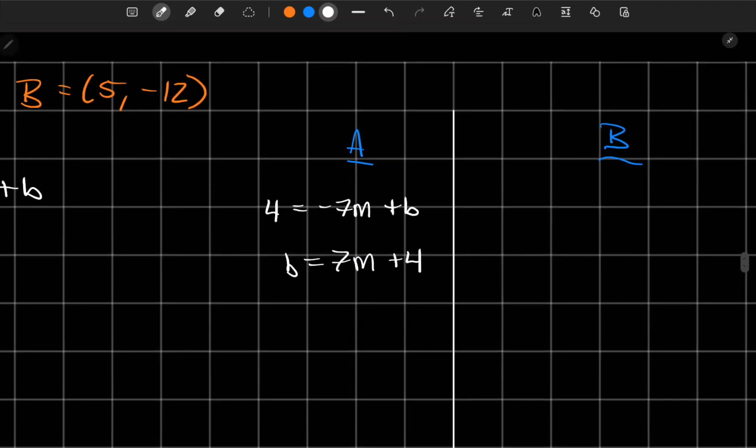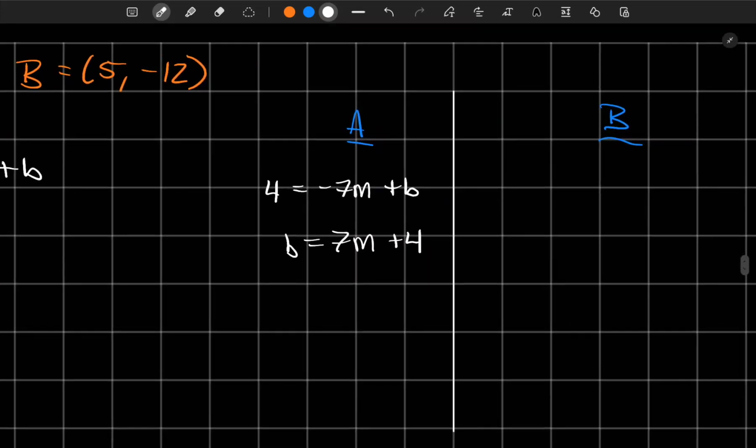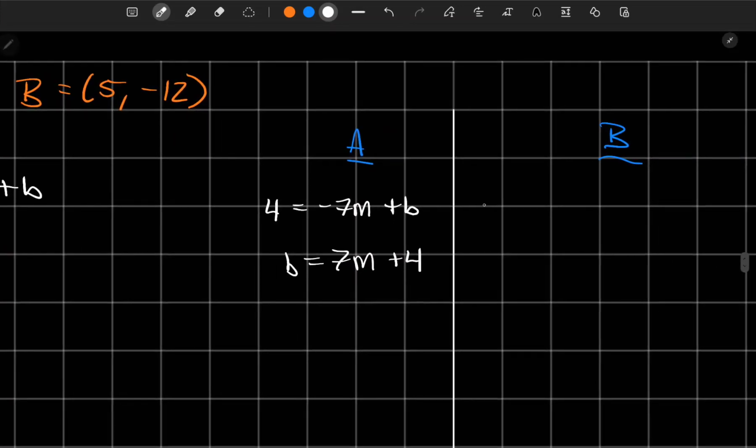Next, we move on to plugging in for the b point into y equals mx plus b. In doing so, we get -12 is equal to 5m plus b. Now, plugging in for the b that we found on the a side here, we get that -12 is equal to 5m plus 7m plus 4.